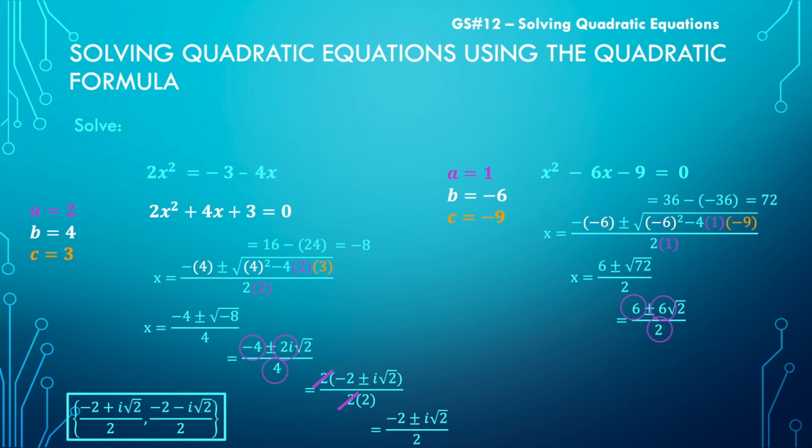Let's factor it out of the numerator and the denominator. 2 times 3 plus or minus 3 rad 2 all over 2 times 1. Divide out our common factors, and we end up with our final answer of 3 plus or minus 3 rad 2. Writing our solution set as two distinct answers, we have 3 plus 3 radical 2 and 3 minus 3 radical 2.